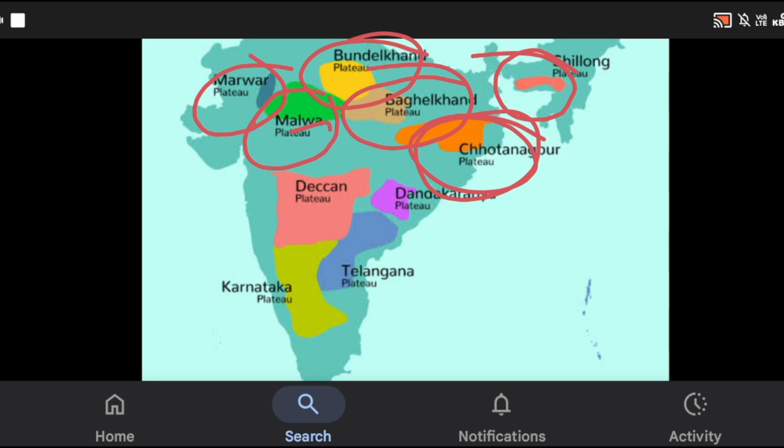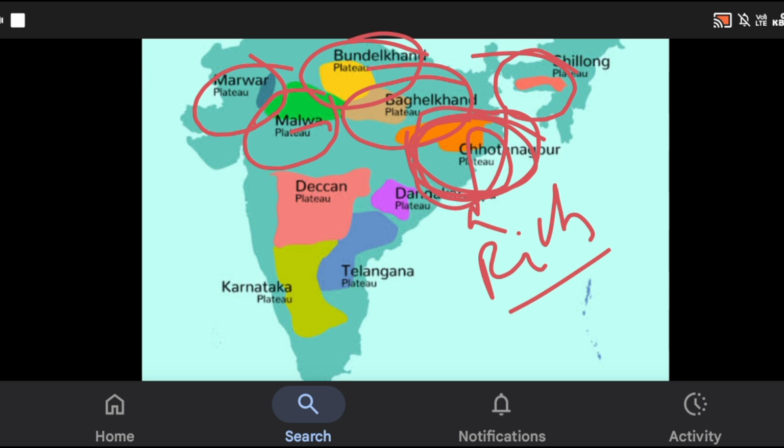The Bundelkhand and Baghelkhand plateaus are in the region of Uttar Pradesh and some regions on the edges of Chhattisgarh and Madhya Pradesh. The Chota Nagpur Plateau, which we have learnt already is rich in mineral resources, is on the edge of Odisha.